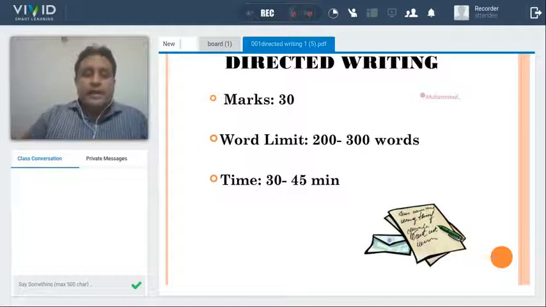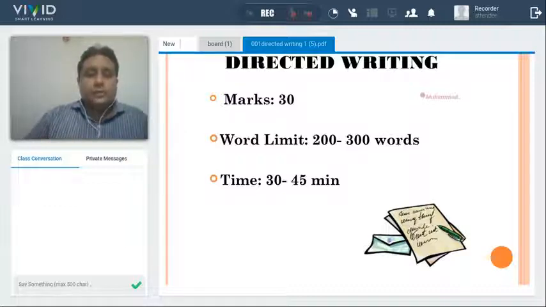Today, we have directed writing on board. Let's have another quick glance at the directed writing section of paper 1, and then we'll be starting off with the formal letter. So a detailed review, you can call it, of directed writing that we are going to look into.